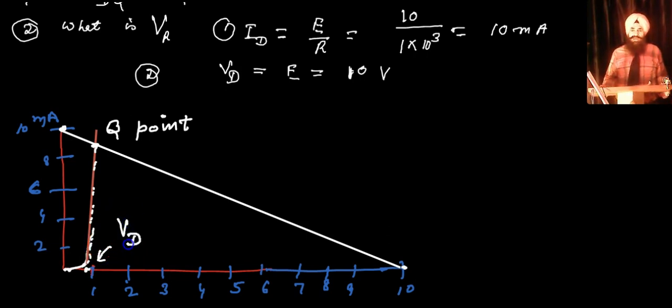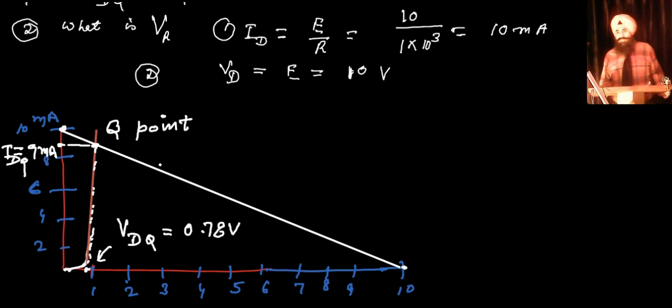That is VDQ, we call it VDQ, 0.78 volt. And second, we draw the perpendicular on the y-axis and let's say it is 9 milliampere. I am not exact, but roughly it is 9 milliampere, IDQ. So VDQ and IDQ come to 0.78 volts and 9 milliampere.